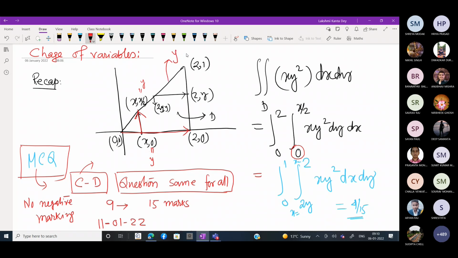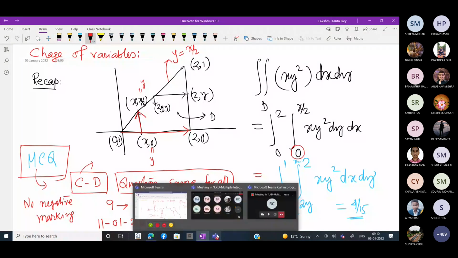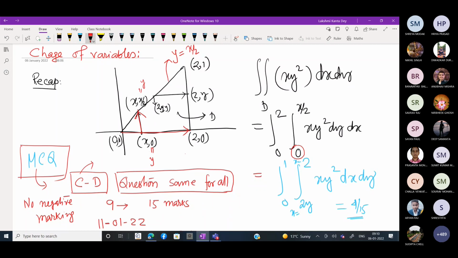Y equals X by 2. That means X equals 2Y. That is the equation. So the upper limit for Y will be X by 2. So this is dy first because you have to integrate with respect to Y first, and then X is 0 to 2.